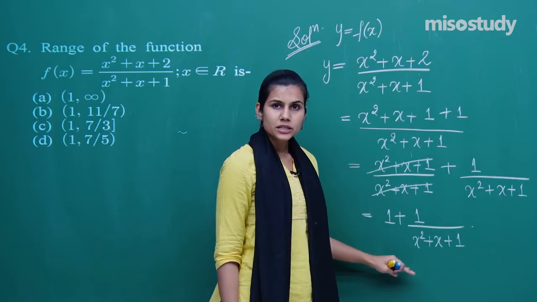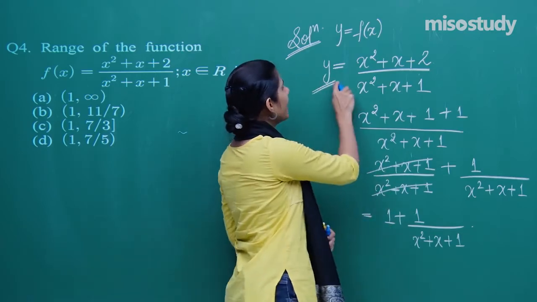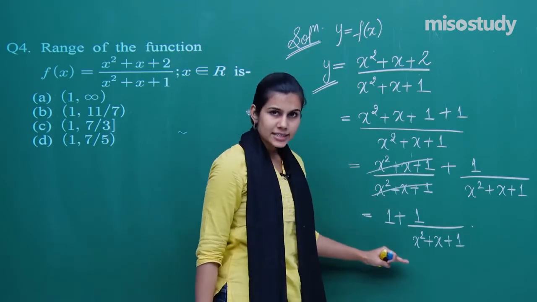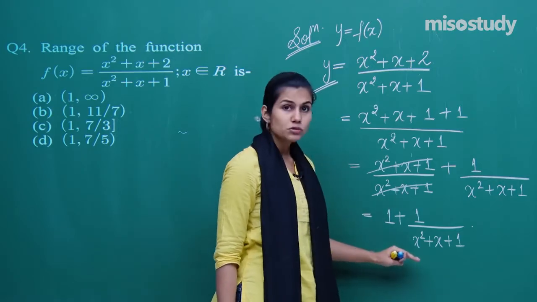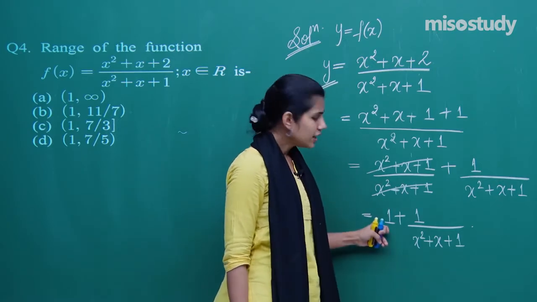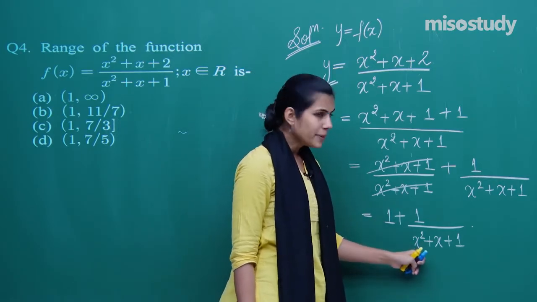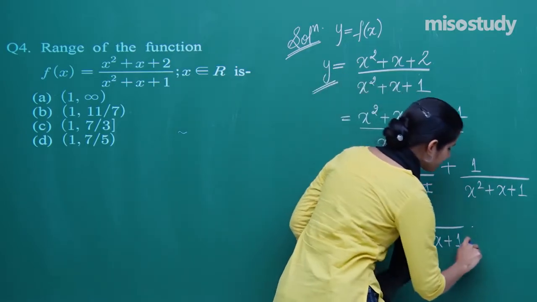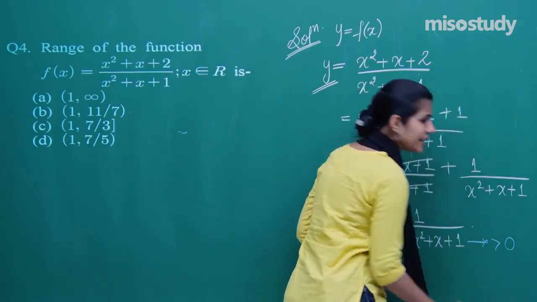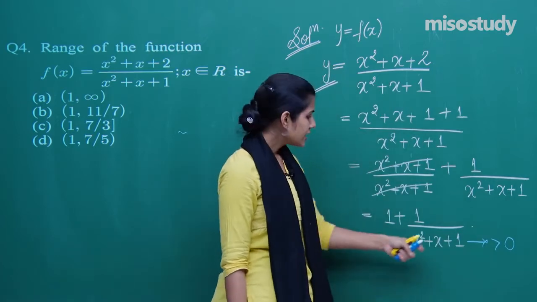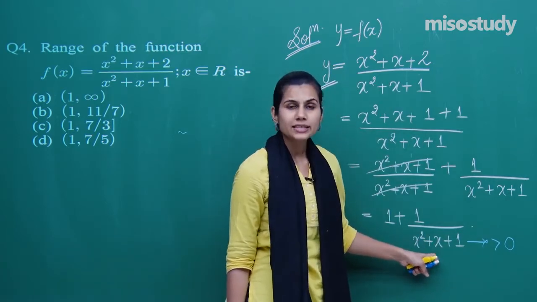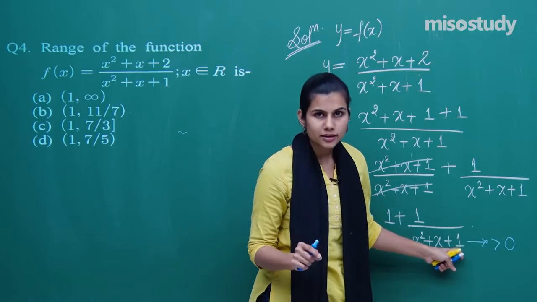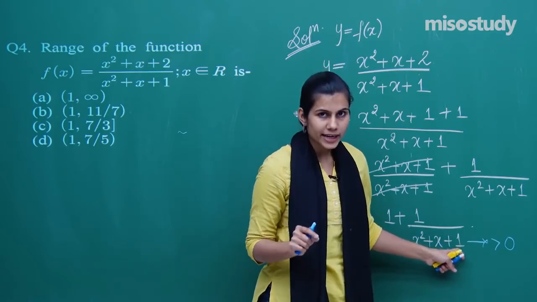Now carefully observe, this is my y as the output and it is coming out to be equal to this expression. Now here 1 is sitting in the numerator, and in the denominator I have x square plus x plus 1. The denominator is always strictly greater than 0, because even if you put 0 in place of x, you always get a non-zero answer in place of the denominator.